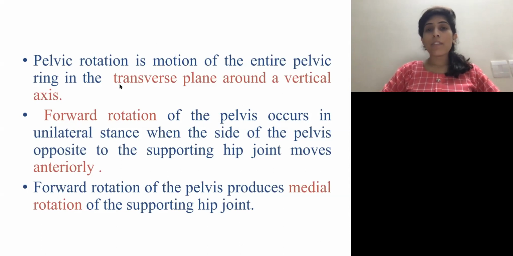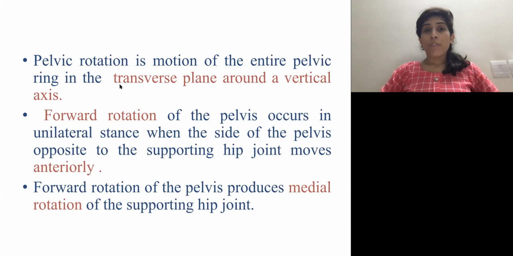So whenever we talk about the rotation motion at the pelvis, we'll see the swinging extremity. Our reference extremity will be the swinging extremity. So the forward rotation of the pelvis occurs on the swinging extremity, and the forward rotation of the pelvis produces the medial rotation of the supporting hip joint.